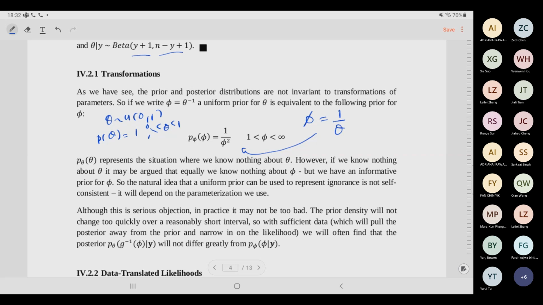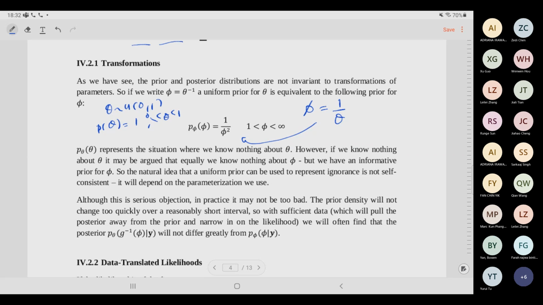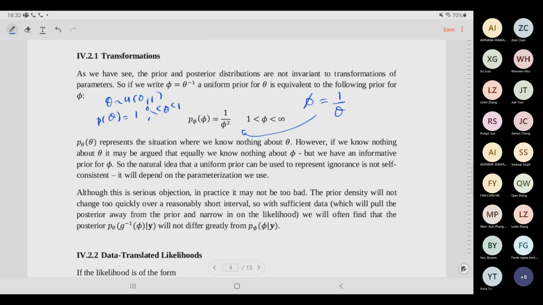Obviously, even though this looks bad, it's actually not too bad in practice, because the prior does not change too quickly. If you have large enough data, then even if you use a transformation from theta to phi, it will not be that different.